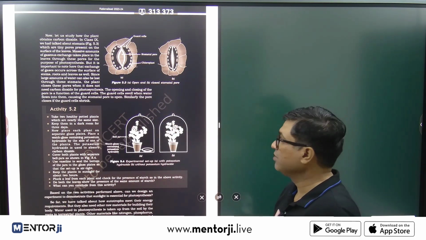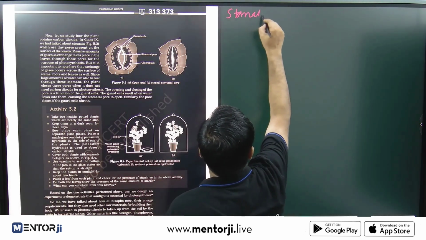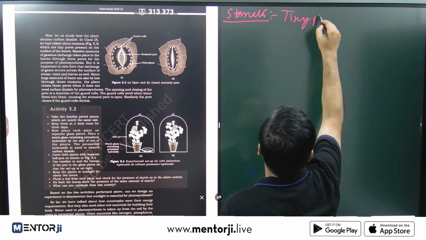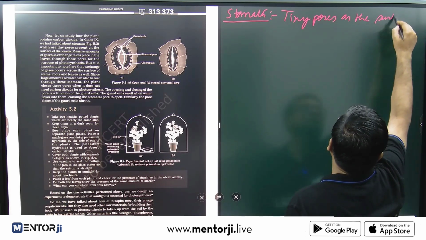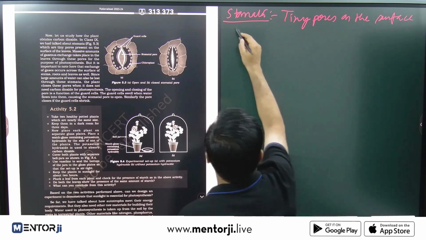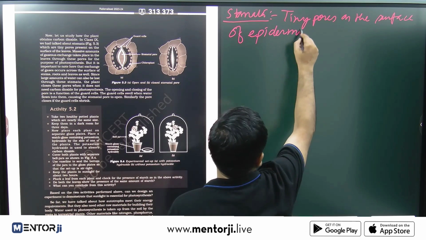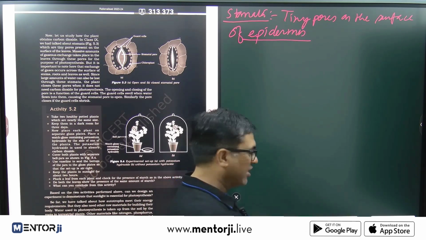Stomata are tiny pores on the surface of the epidermis. These are epidermal derivatives.